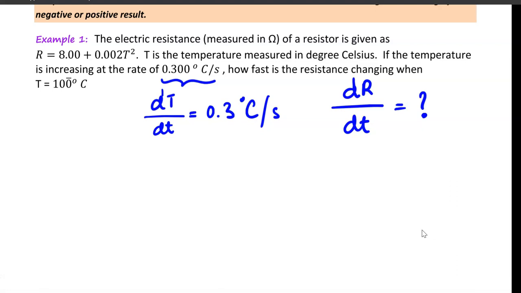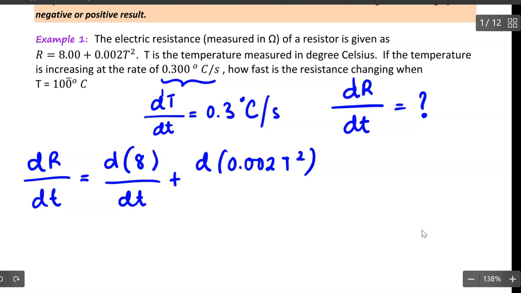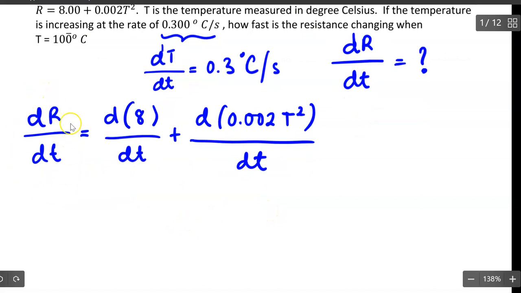Alright, so I will write derivative of R with respect to T and derivative of 8 with respect to T plus derivative of 0.02 T squared with respect to T. Okay, differentiate implicitly, you need to write derivative of each of the terms with respect to time. Okay, so now you see, this now identify that this is the unknown that you have to look for, which we already have it here.